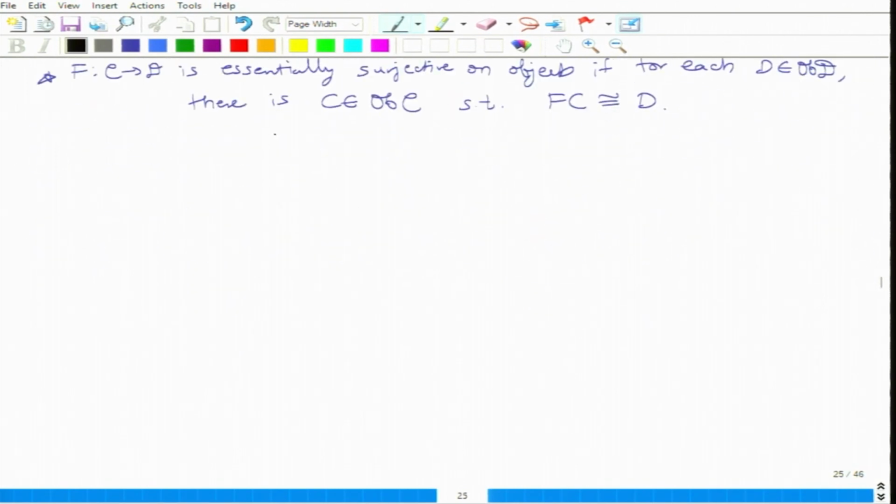Let me start with the proof. One side is very simple, so we are going to prove this side.